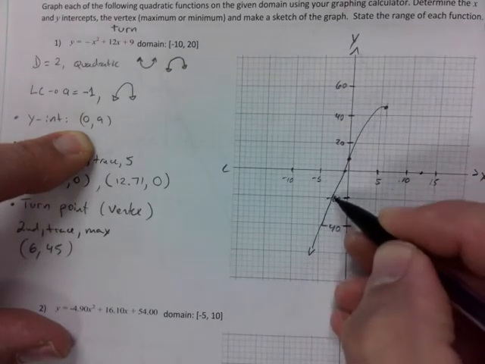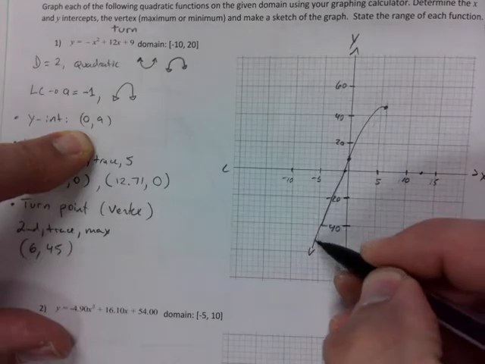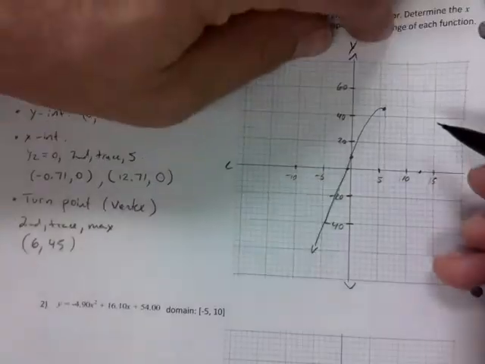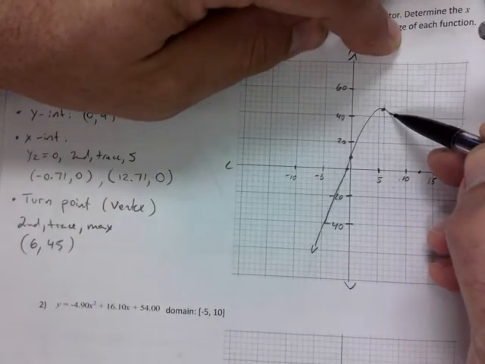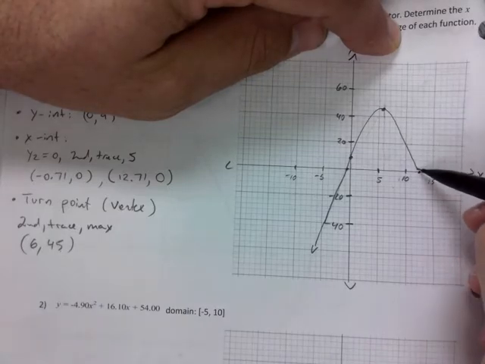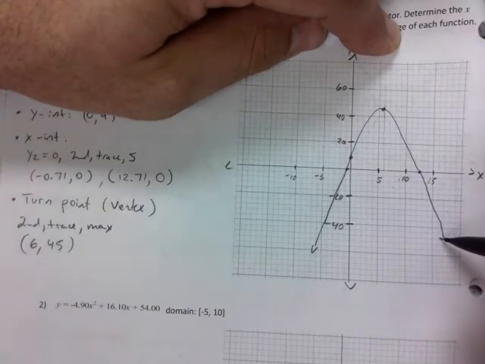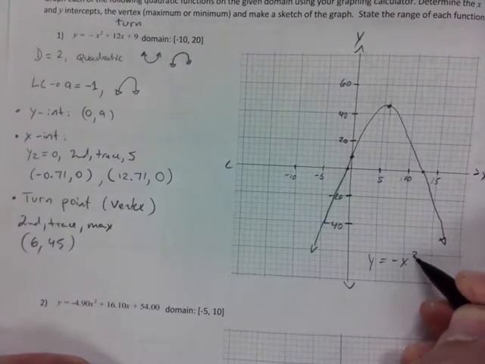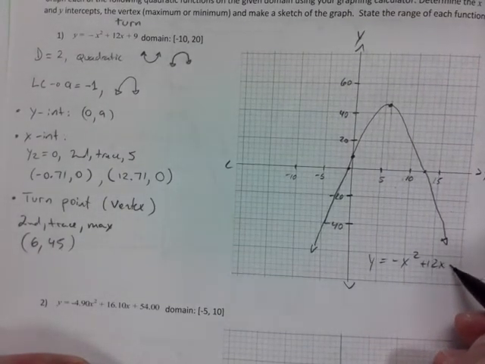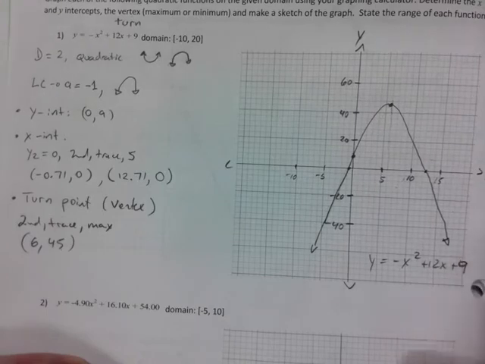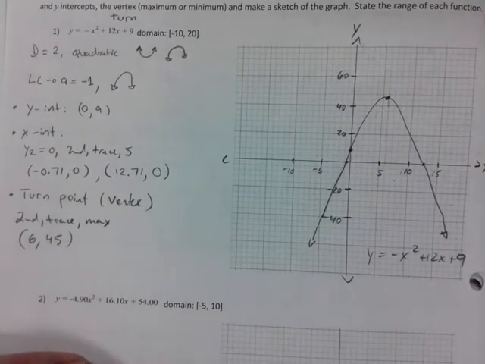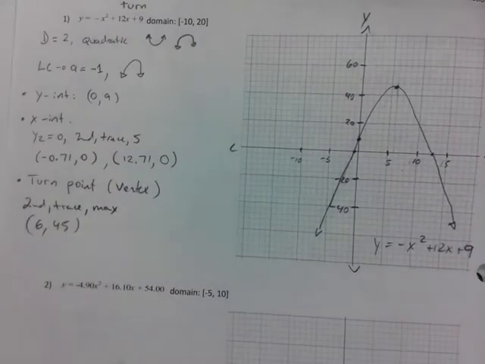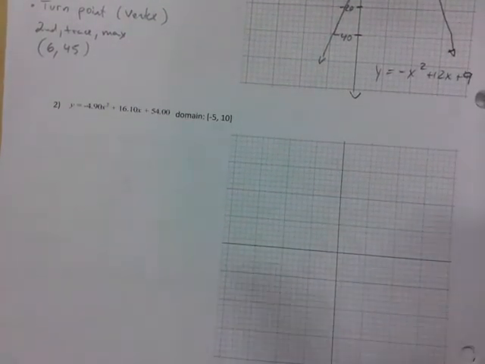And then make sure it opens up and it keeps on opening up indefinitely, and then try to copy it to the other side. Okay. It should be more like a U shape than anything else. Okay. So there you have it. That's your quadratic graph. Okay. Let's try another one.